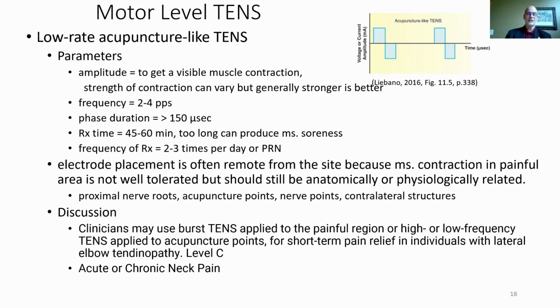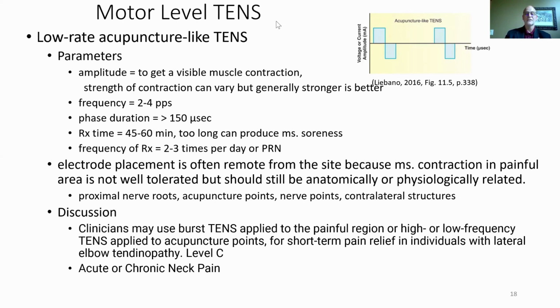Again, in terms of electrode placement, if it's a painful site, it may not feel great to put it on that painful site. So you use sites that innervate it, acupuncture points, something to that effect. Sometimes this is referred to as burst TENS, or low frequency acupuncture-like TENS, but it does have a level C recommendation in people with lateral elbow pain.